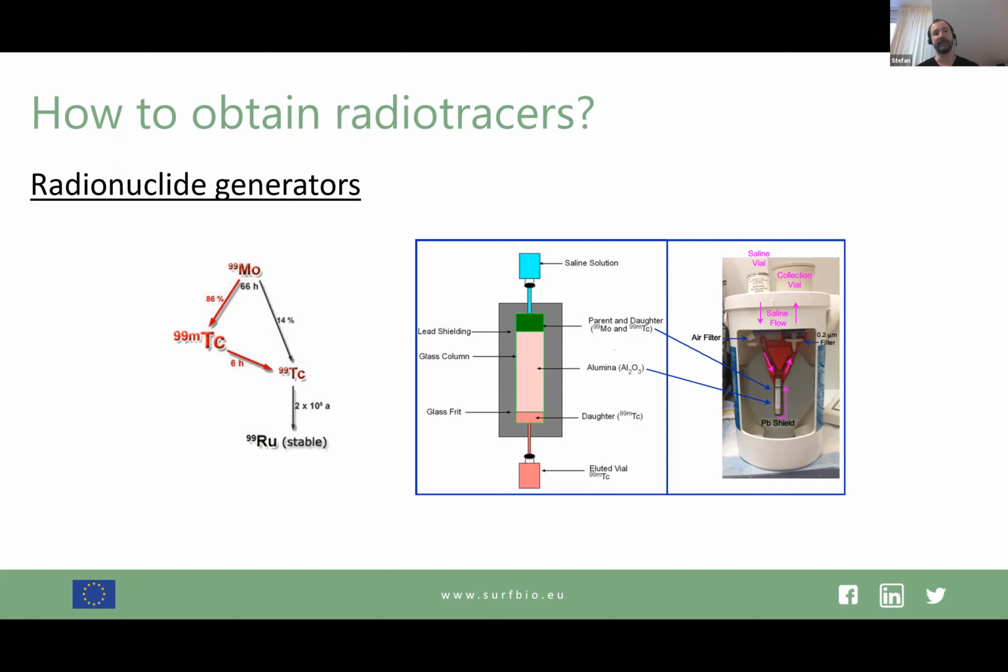If you have a nuclear reactor or a cyclotron, you can do these things yourself. Otherwise, quite some radionuclides are also available commercially from nuclear reactors or cyclotrons. So now we have our radio tracer.